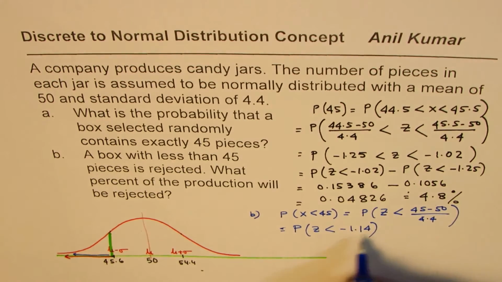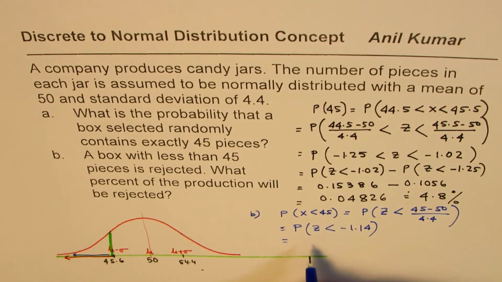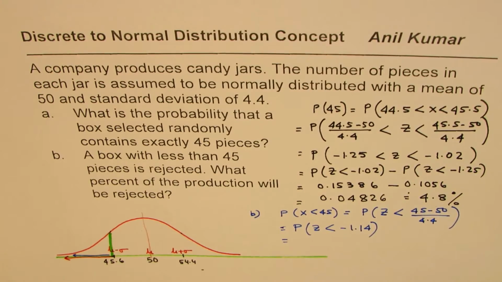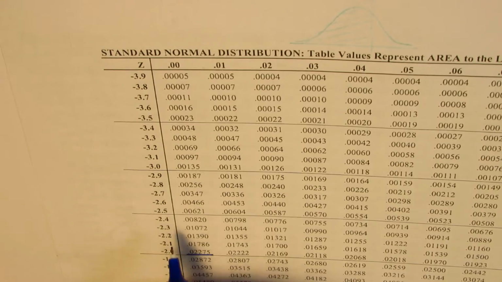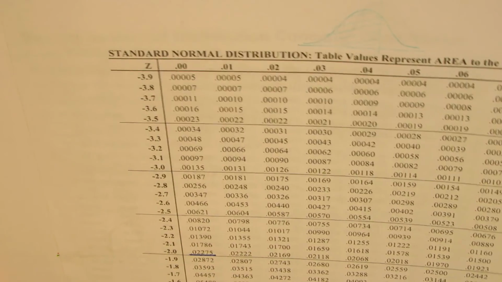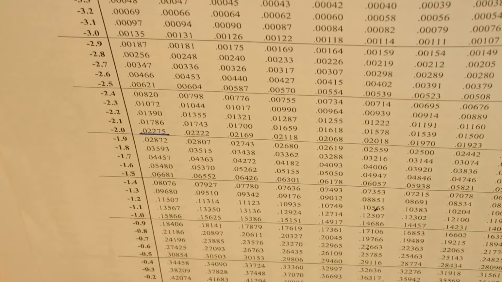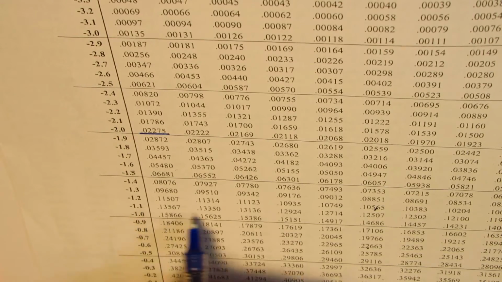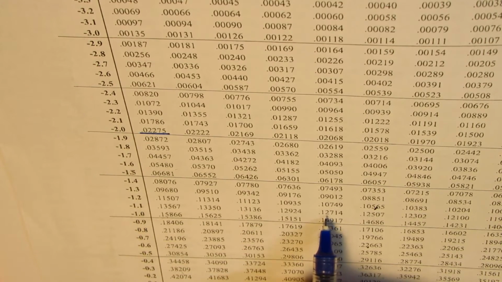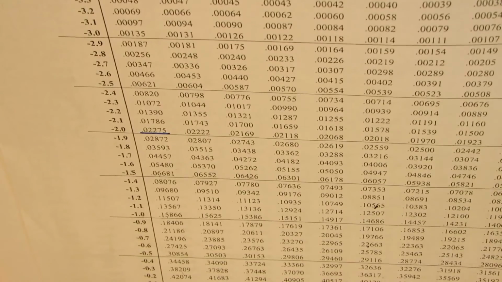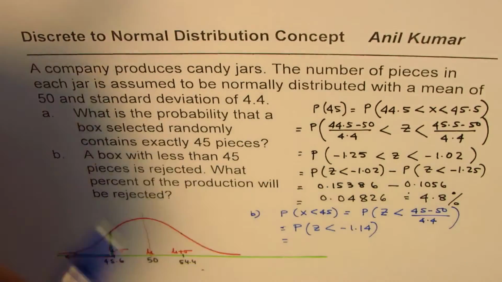So from the z-scores we can read this value. Minus 1.1, and then 4 is right there. 0.1271.